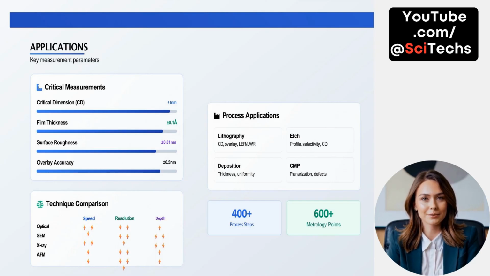A technique comparison reveals trade-offs. Optical methods are fastest. SEM offers superior resolution, X-ray penetrates deeply, and AFM gives atomic scale detail. Altogether, over 400 process steps involve more than 600 metrology points, underscoring the complexity and importance of precise characterization.